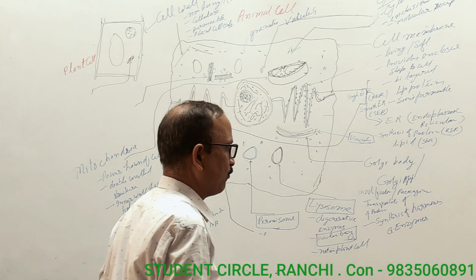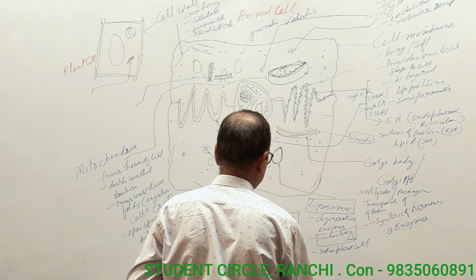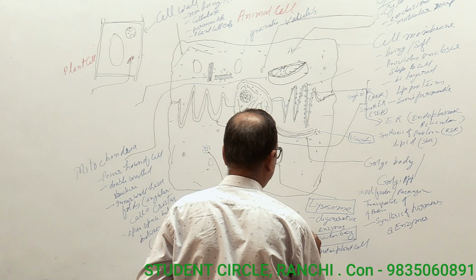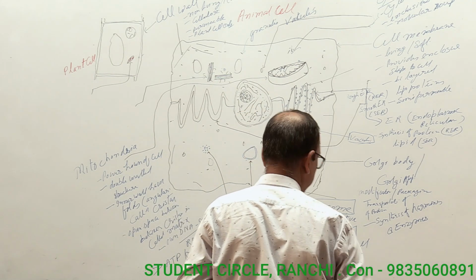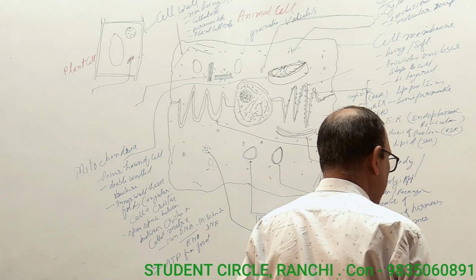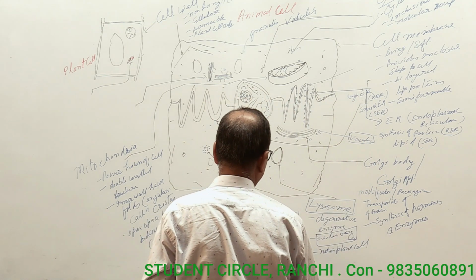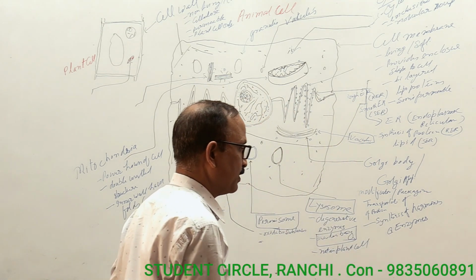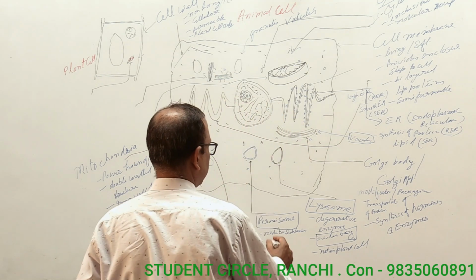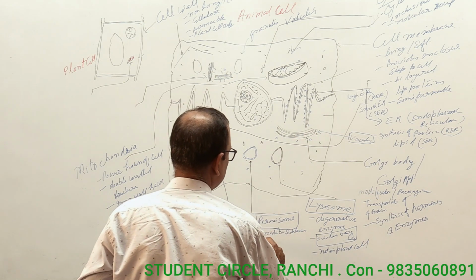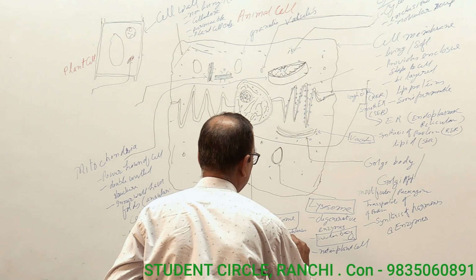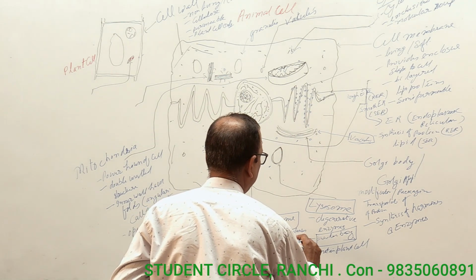In peroxisome, we have oxidative substances. It is useful in metabolism of lipids. It oxidizes these substances, and the oxidized substance is used in metabolism of lipids.